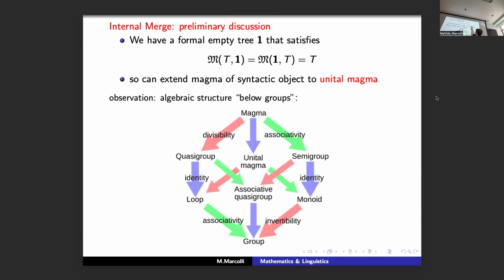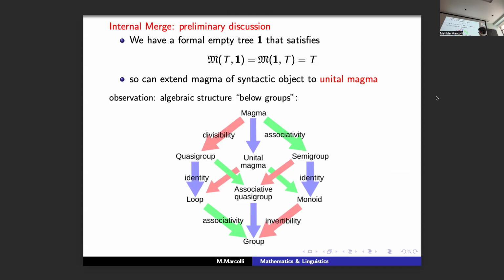But of course, you can add a unit to a magma and go to a unital magma, and then require associativity or require invertibility. And you have these other structures. So quasigroups and loops are something that actually comes up in algebraic geometry. You have these Moufang loops that have to do with cubic surfaces and algebraic structures like that.